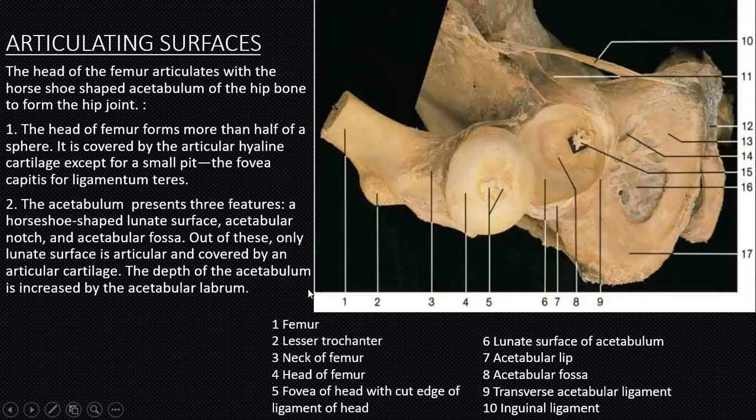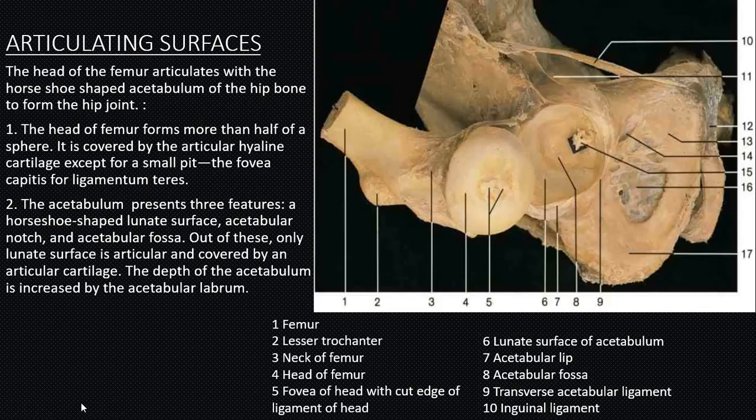Which are the articulating surfaces? As I said a few minutes ago, the head of femur articulates with the horseshoe-shaped acetabulum of the hip bone, forming the hip joint.